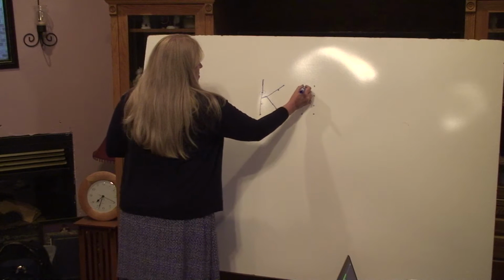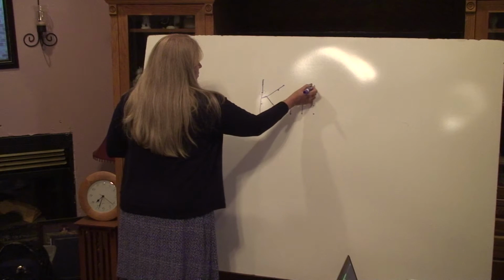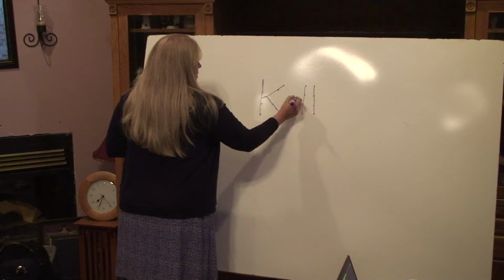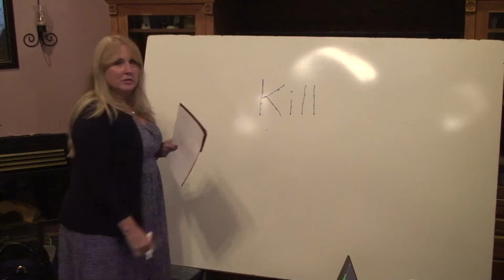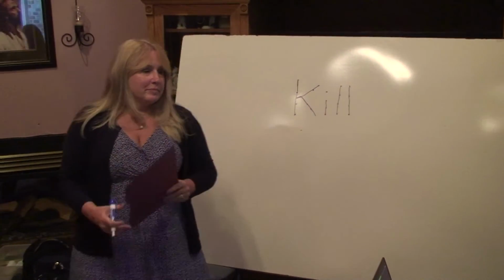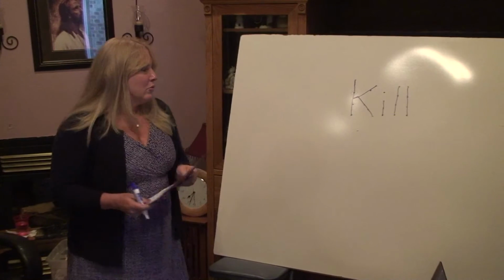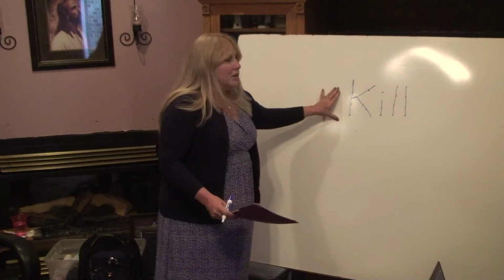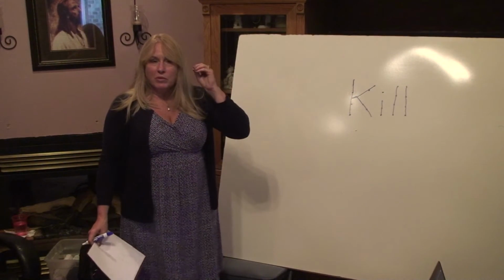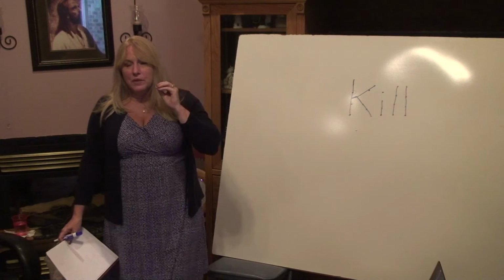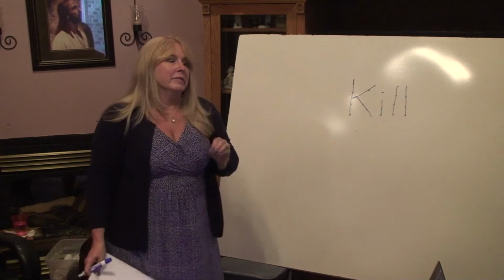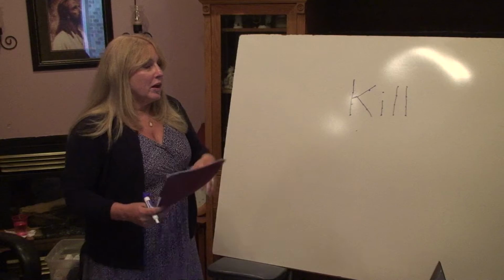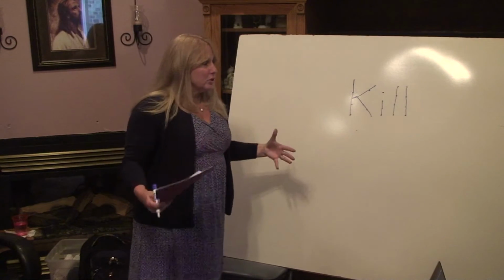All of a sudden everything starts to connect, and next thing I know, I got the word kill. For me, I just remembered the paralysis and feeling like I was going to die. So that emotion was there.